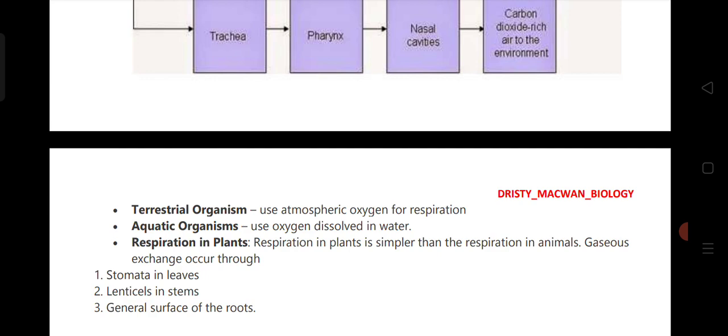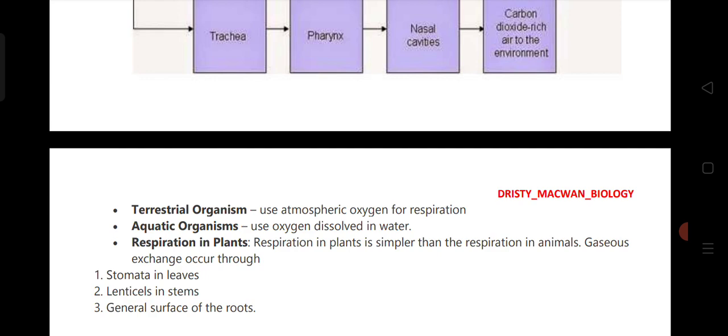And how do plants do respiration? Respiration in plants is much simpler than respiration in animals. The gaseous exchange occurs through three things. The first is the stomata in leaves, which we have already covered in photosynthesis.